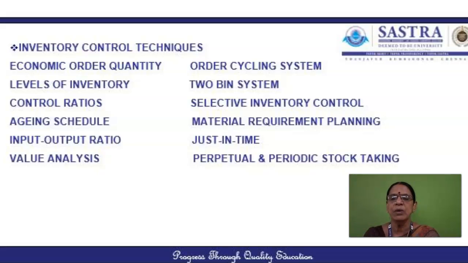Next one comes with the ordering cost, otherwise called as procurement cost. These costs are associated with purchasing and ordering of materials, that is processing and generating an order with its related paperwork.